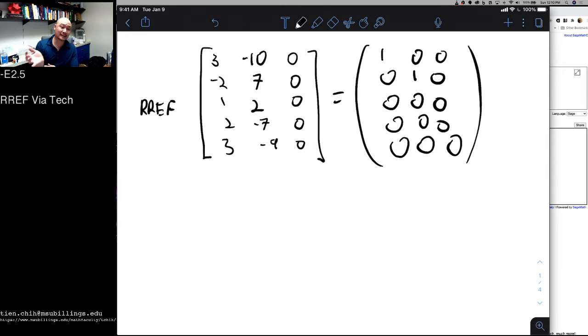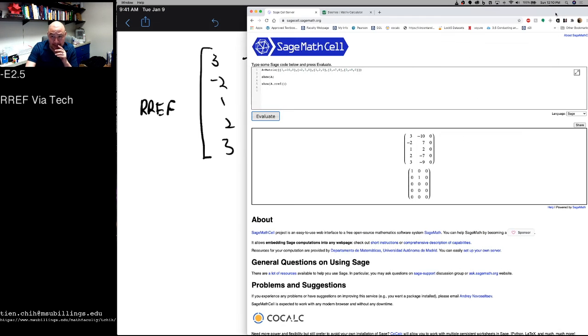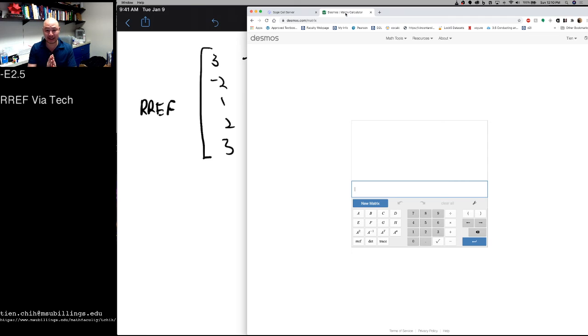Now, more recently, Desmos has put out a matrix calculator as well, and we can use this also to do these computations.